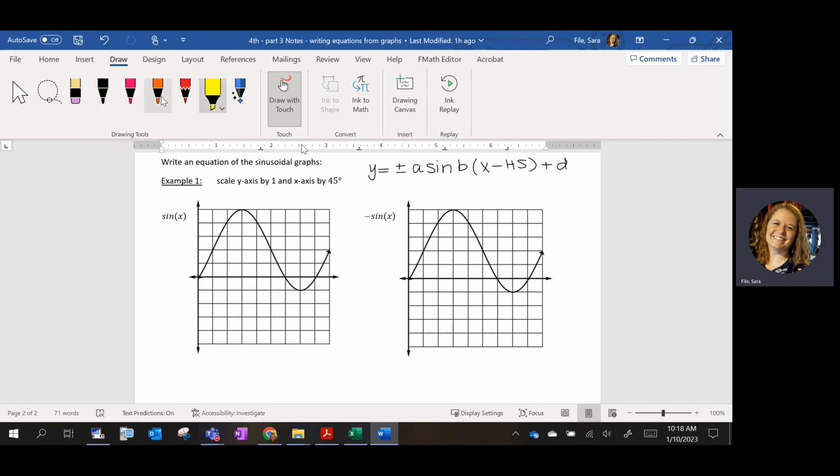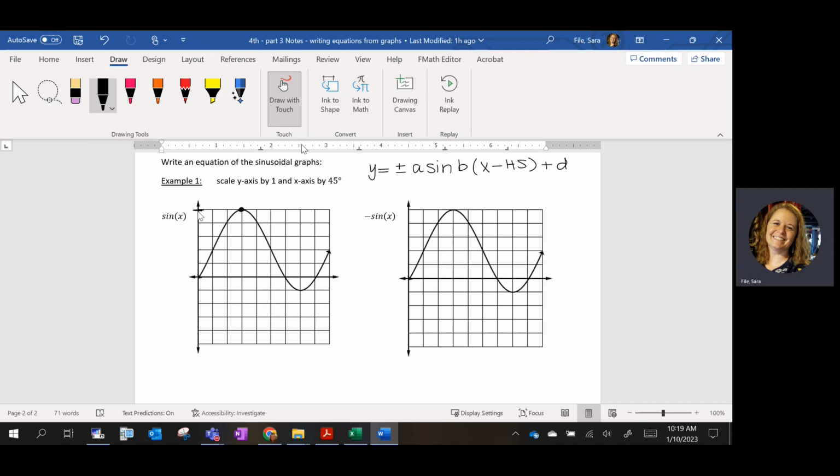Okay, so I'm going to start by identifying my maximum and minimum. And notice these are the exact same graph. I'm going to write two different equations that graph exactly the same by just simply changing the cycle that I'm looking at. So the maximum is at what y value?